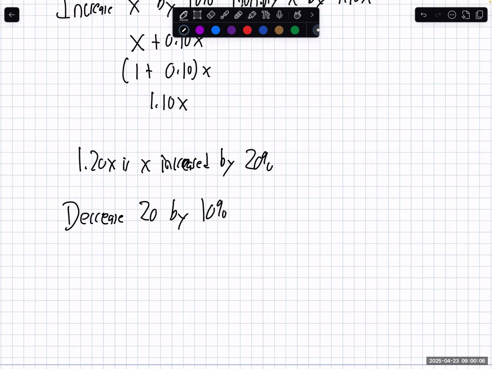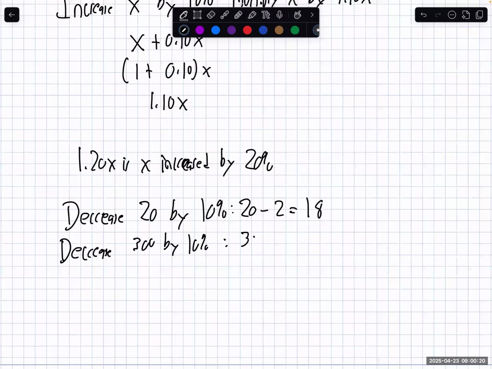If I want to decrease 20 by 10%, that's 20 minus 2, which would be 18. Or if I want to decrease 300 by 10%, 300 minus 30 is 270.